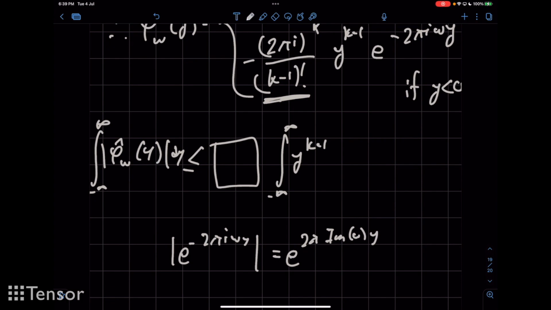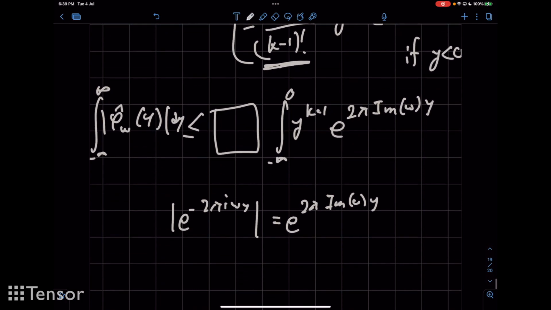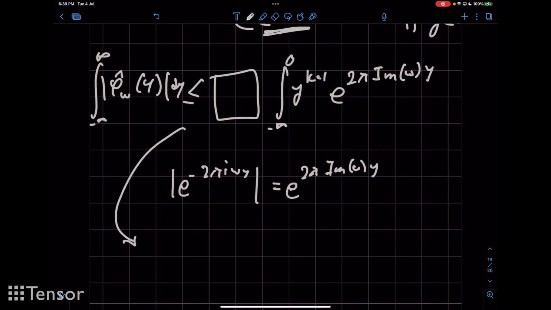Okay. We don't have a negative sign here, that's what I was missing. Now, this integral looks very familiar, right?